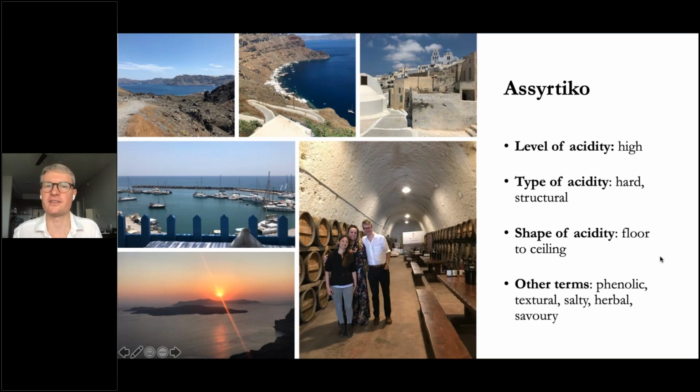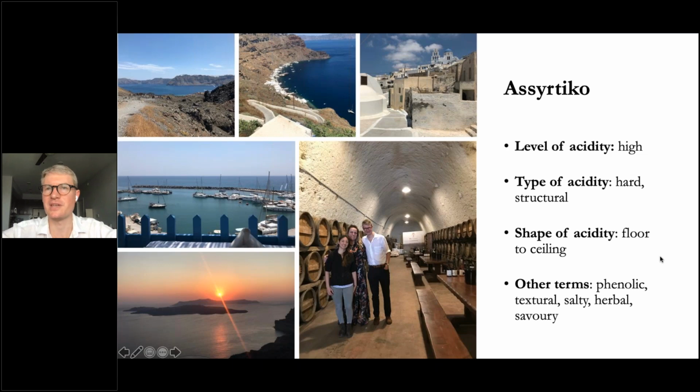Of course, they're not floating around in the glass. You'd have to have a microscope to see them. But Assyrtiko is one of those varieties where it almost feels as if you can chew part of the wine. It's got this chewy texture. And that's phenolics. These tiny little bits of solid left over from the grapes, which are in the wine, add to the sensation of structure.